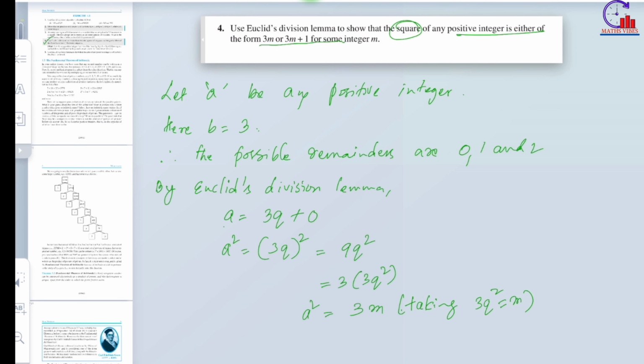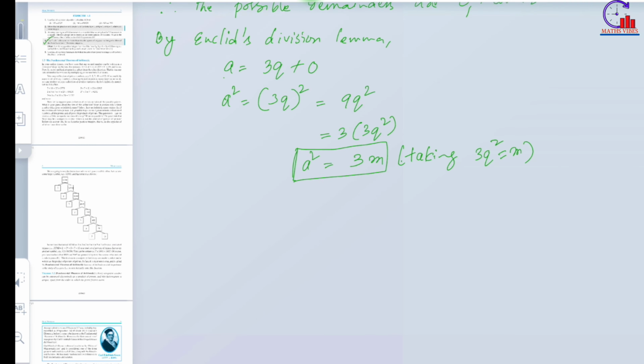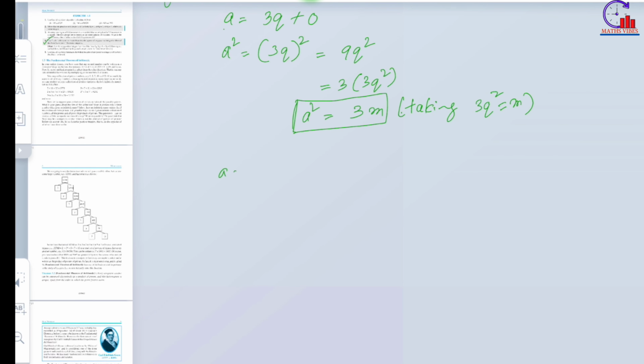Similarly, if the remainder is 1, then I can write a is equal to 3q plus 1, and taking the square on both sides, a square is equal to 3q plus 1 whole square. So this is equal to, by using a plus b whole square, I can write it like this, right?